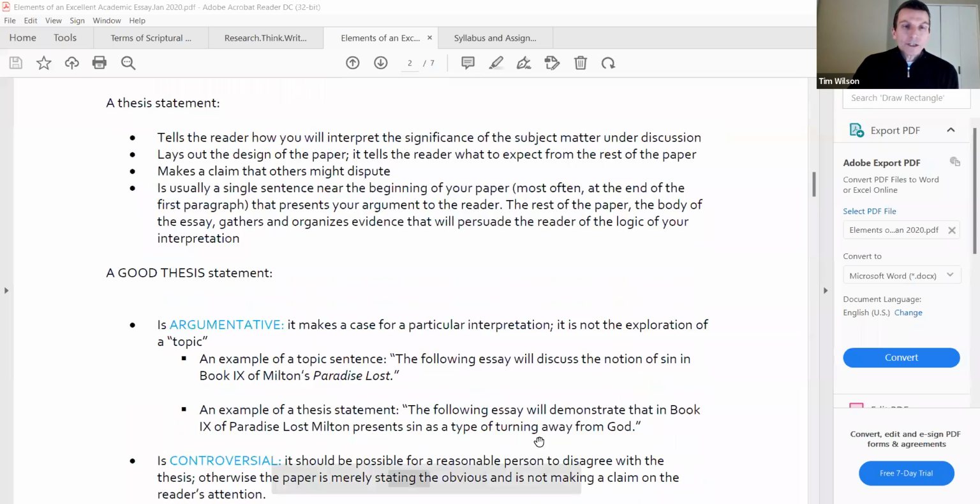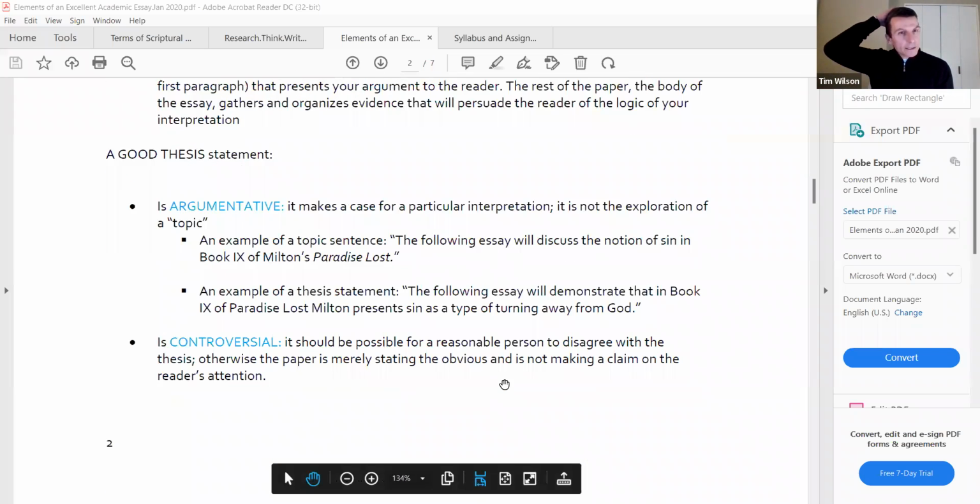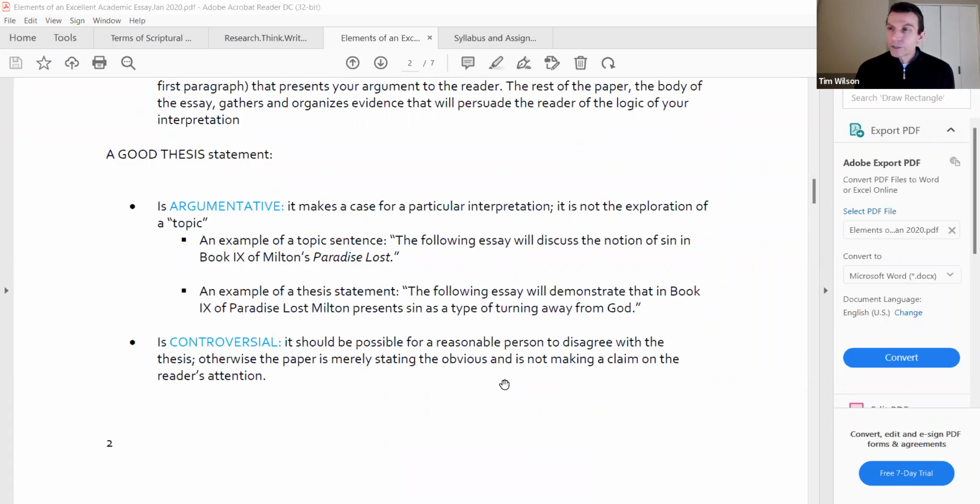Now, what's in a good thesis statement? This is so important, and this is why I stress it so much. I've seen a lot of first-year papers, and it's in not thinking through this thesis part that I would say 80% of them go awry.